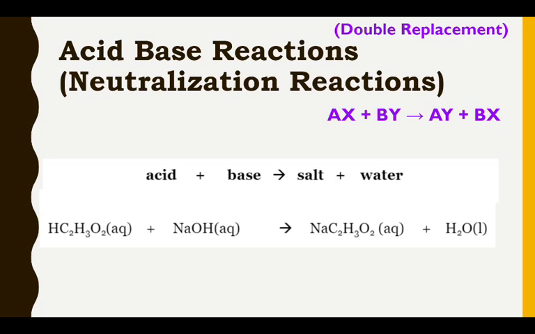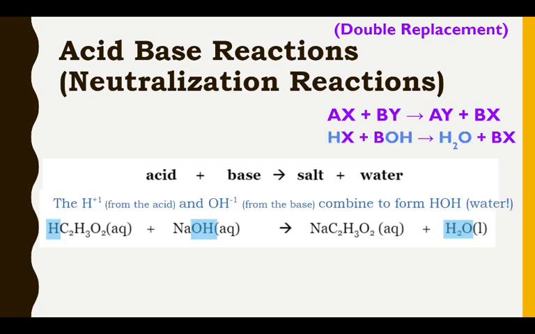But because this is a specific type of double replacement reaction, these are acid-base reactions. Acids always start with H's. Bases are always going to end with OH's. Even if there's more than one H or OH, those are always going to be our A and Y groups here.